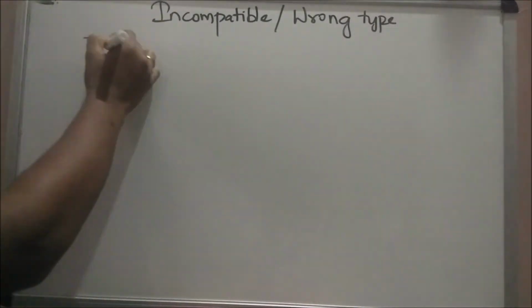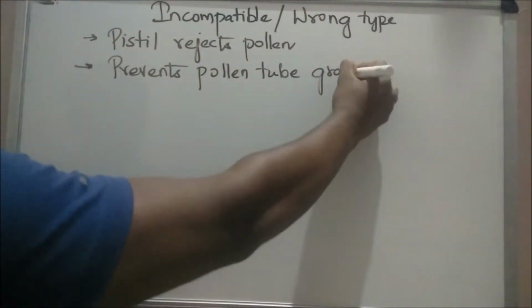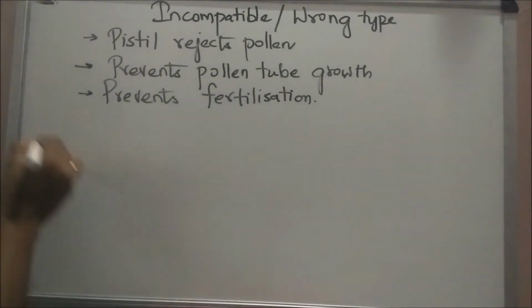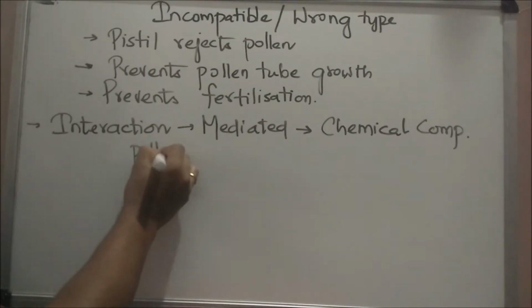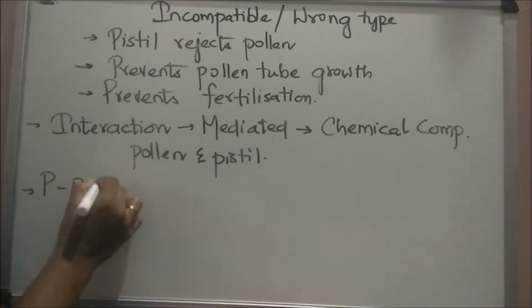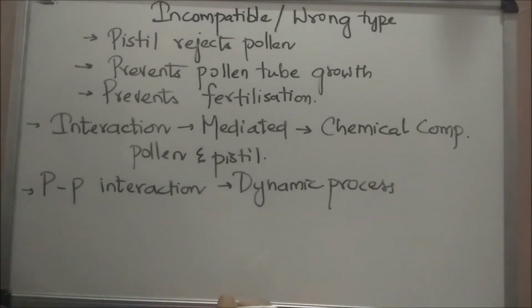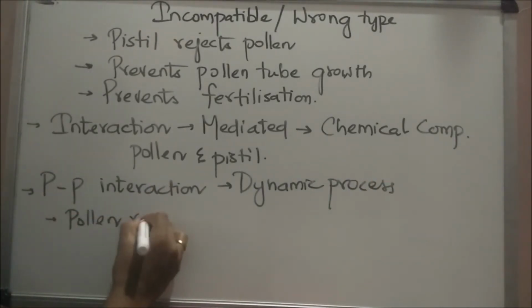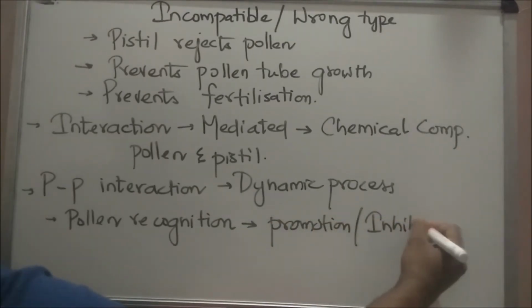Whereas incompatible events, or the wrong type, include the pistil rejecting pollen, which prevents pollen tube growth and prevents fertilization. This interaction is mediated by chemical components of pollen and pistil. The pollen-pistil interaction is a dynamic process involving pollen recognition followed by promotion or inhibition of pollen.